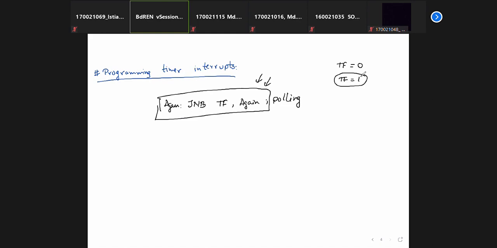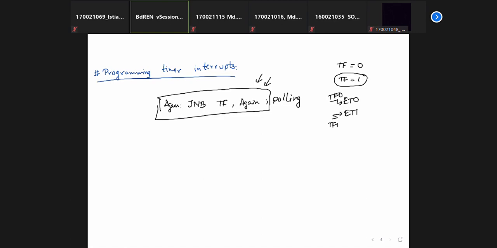So this is exactly what happens when you enable ET0 and ET1. These are your two timer overflow interrupts. So your TF0 can send a signal to ET0, and your TF1 can send a signal to ET1.